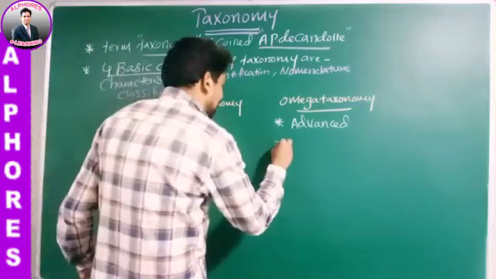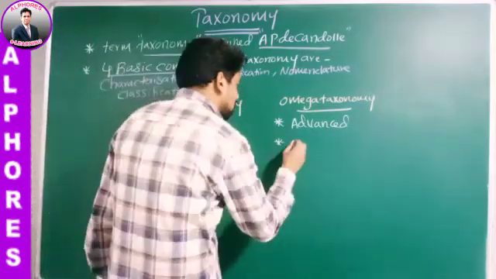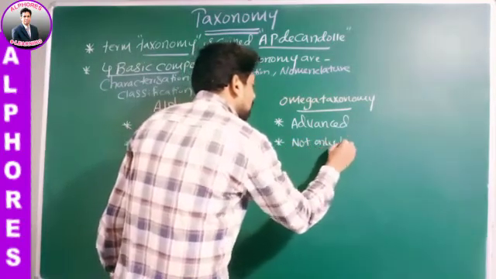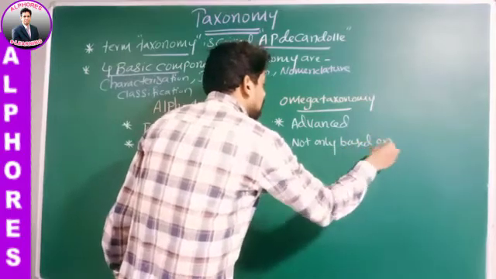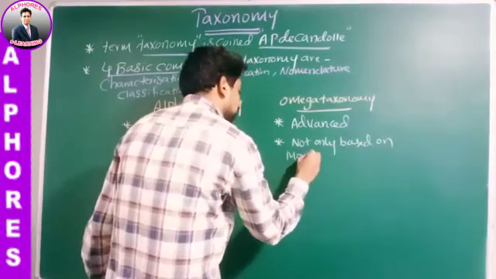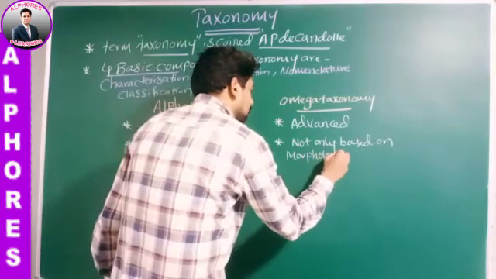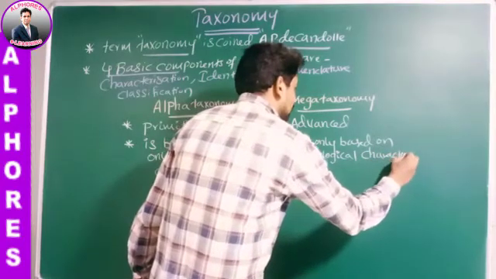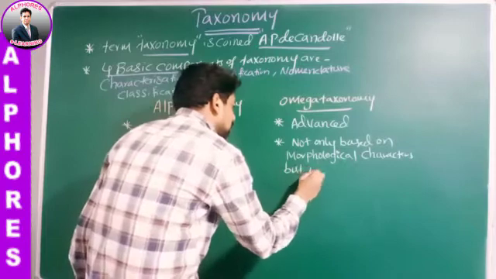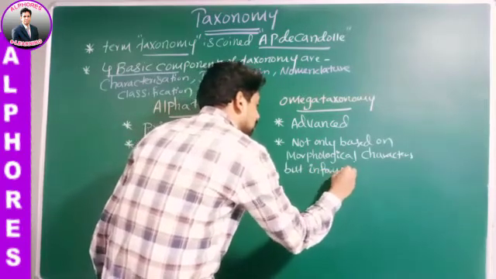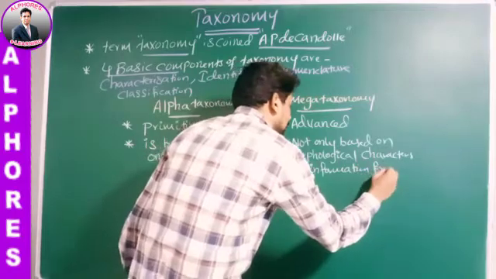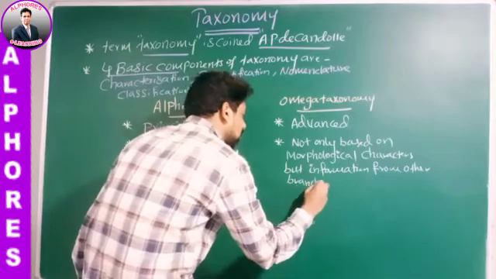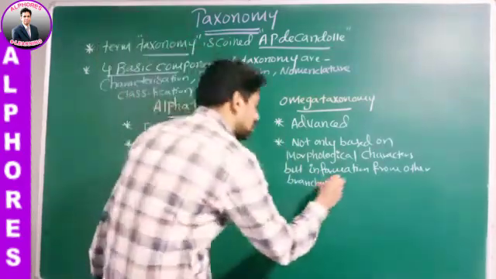Now go for omega taxonomy. This omega taxonomy is not only based on morphological characters, but information from other branches is also considered.